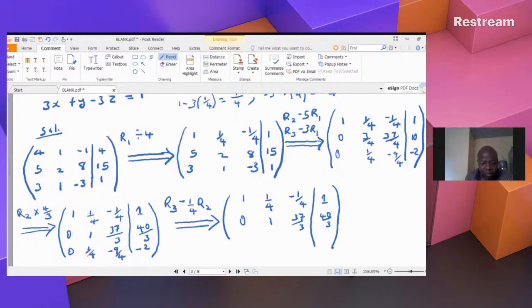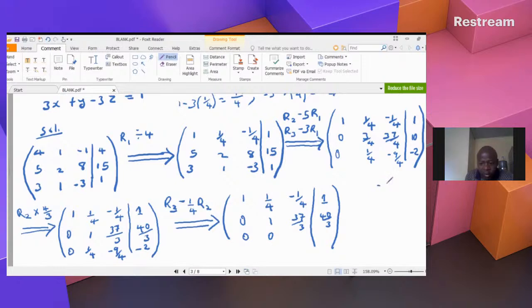Now let's perform what we were supposed to perform. Row 3 minus a quarter row 2. So this, of course, is 0. A quarter minus a quarter multiplied by 1, again, is 0. Now, where we need to work is here.